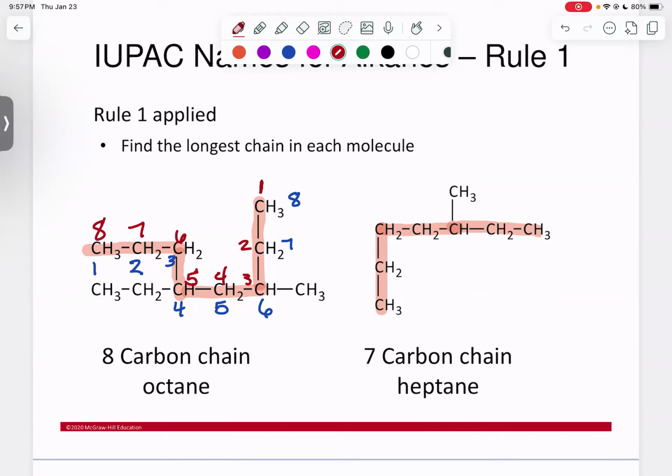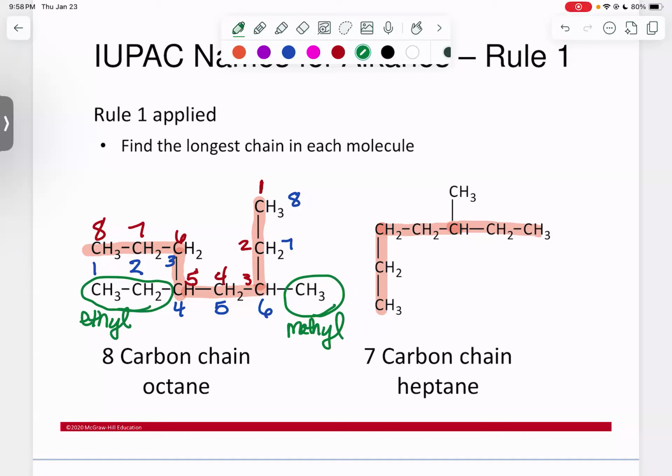And the answer has to do with our substituents. So if I look at my substituents, I have 2 substituents. I have a methyl group and I have an ethyl group. So it doesn't matter which one's methyl, which one's ethyl. You want to give your substituents the lowest number possible.